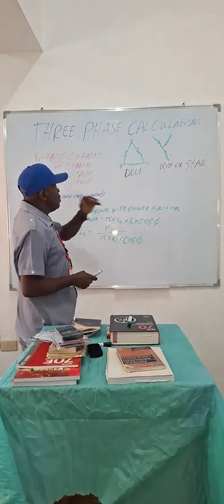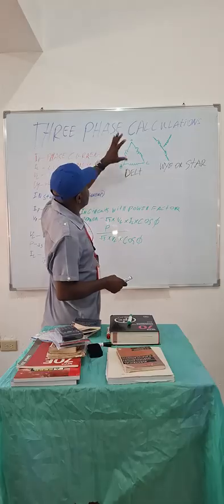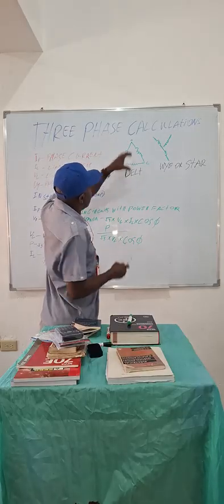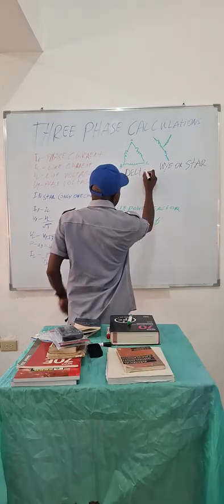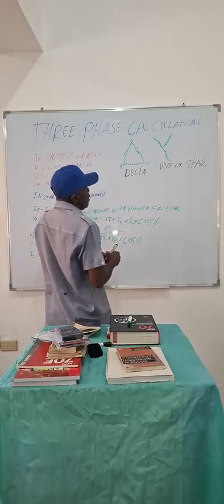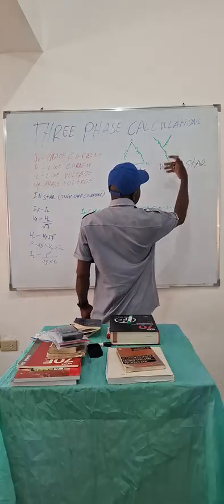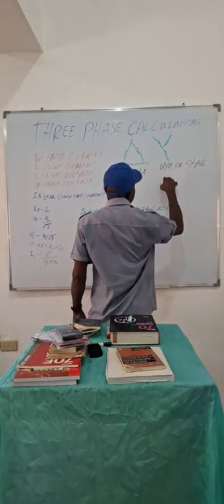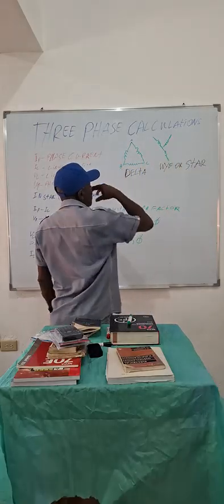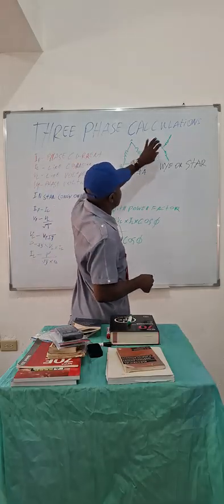So in 3-phase, a motor can be connected delta, or connected Y or star. The same with a transformer or generator. These are the two main windings: a delta winding and a star winding.